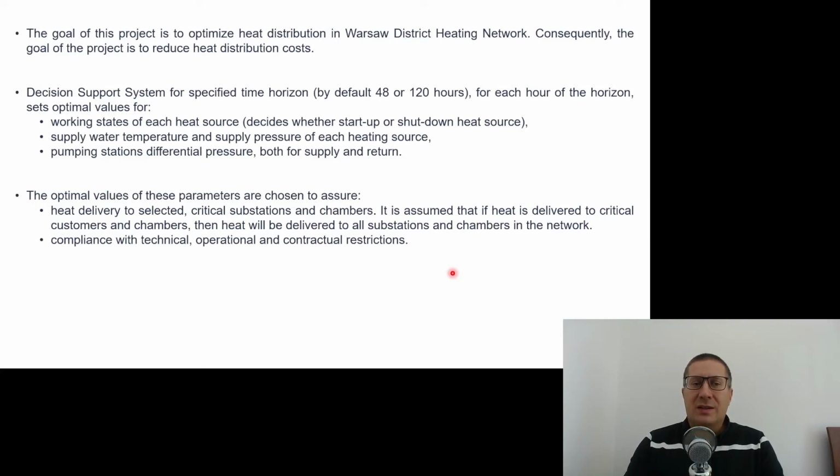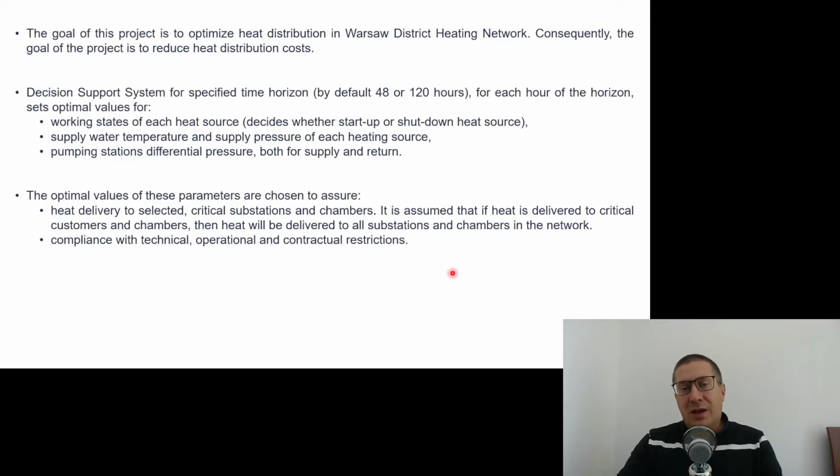So the decision support module tells the dispatchers what should be the temperature of the supply water for each particular plant, heat source, now, for the next hour, and for the next, in general, 48 or 120 hours. The same with the pressure. What should be the pressure in the heat sources to be able to provide the heat to the user for now and for the next 120 hours.